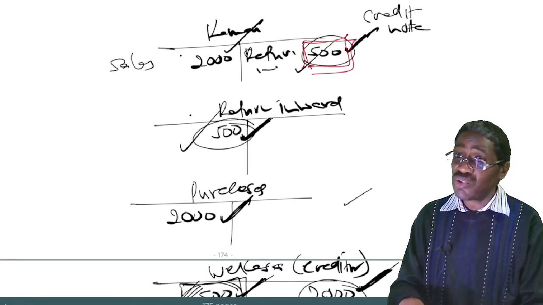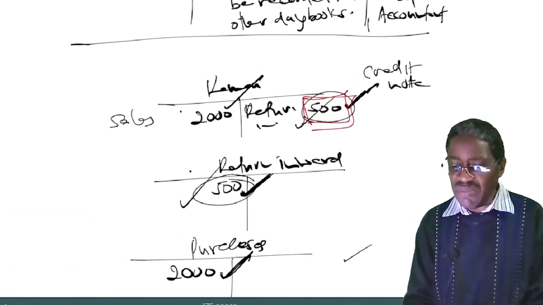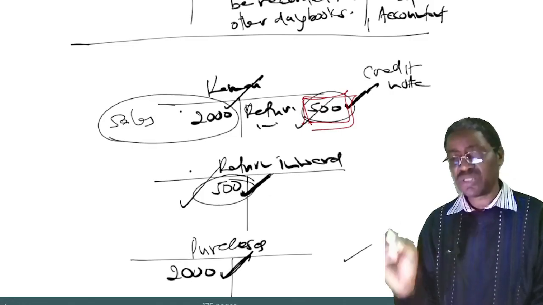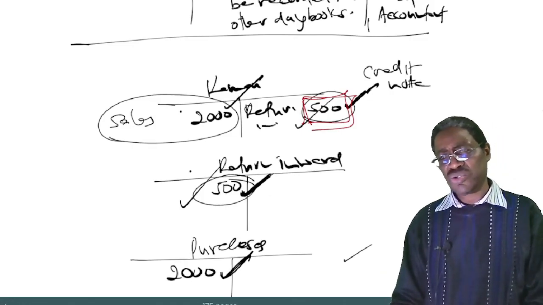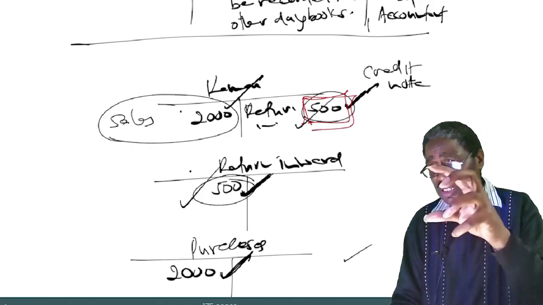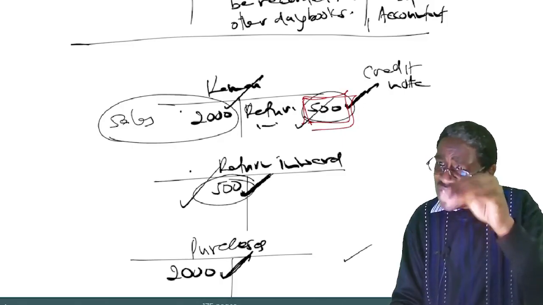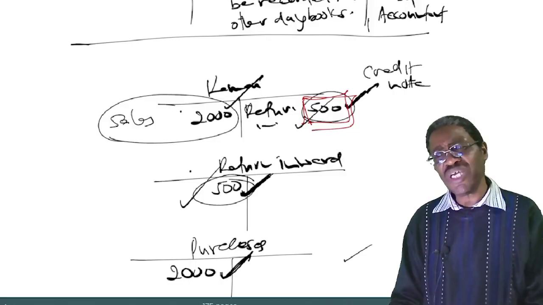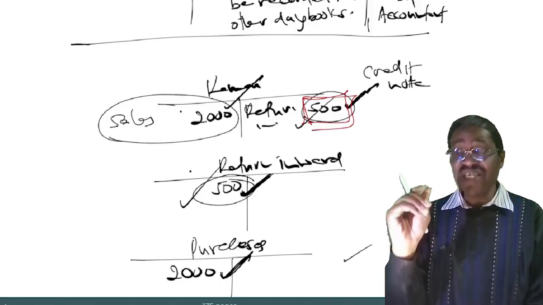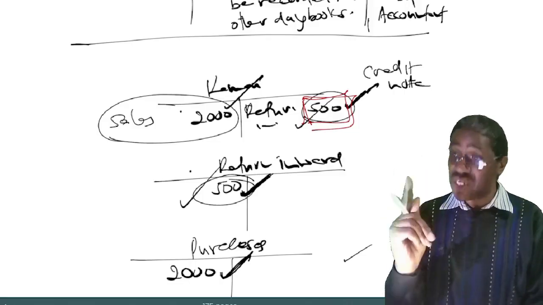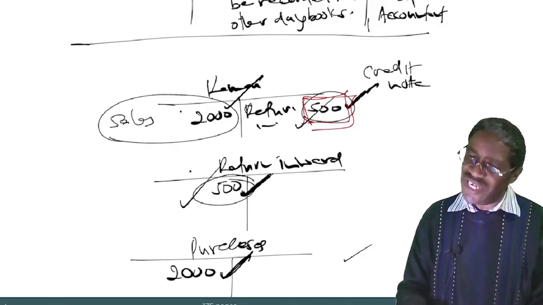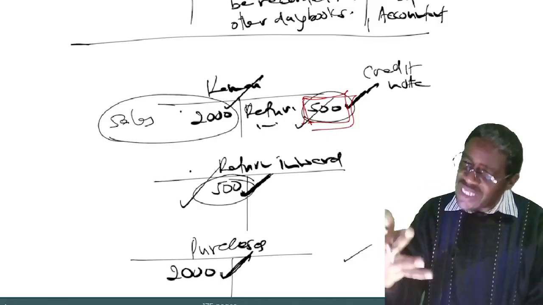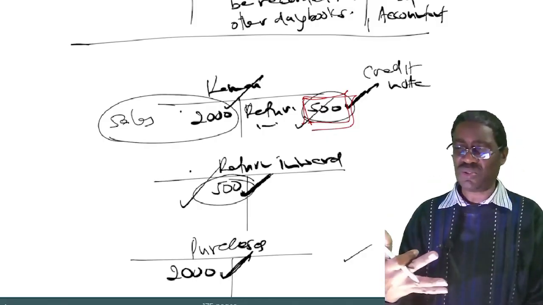When I sell goods to Kamau, I have to debit Kamau's account. So where can I go and get that account of Kamau? That account is in a ledger somewhere, the ledger which contains the account of Kamau.